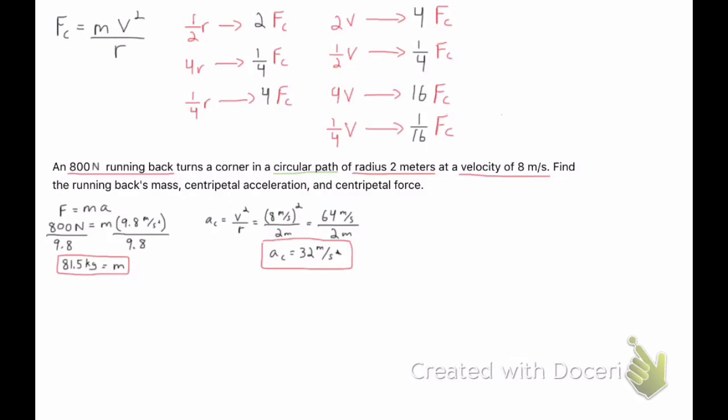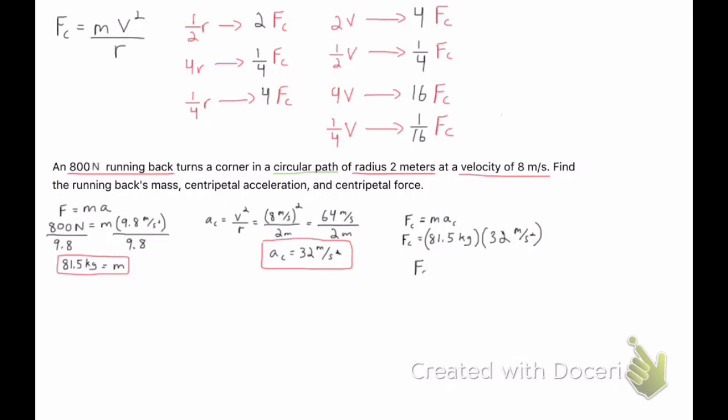Now to find the centripetal force, we know the equation F sub c, centripetal force, equals the mass times the acceleration centripetal. When we substitute the information, we get F_c equals the mass, which we found to be 81.5 kilograms, and the centripetal acceleration, which we found to be 32 meters per second squared.